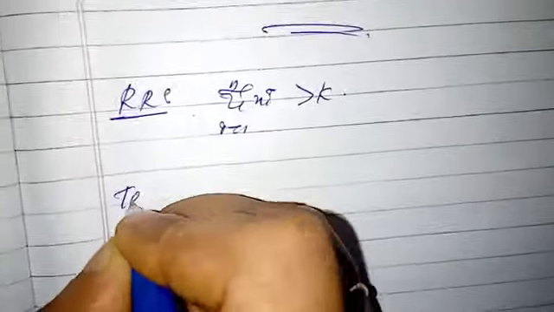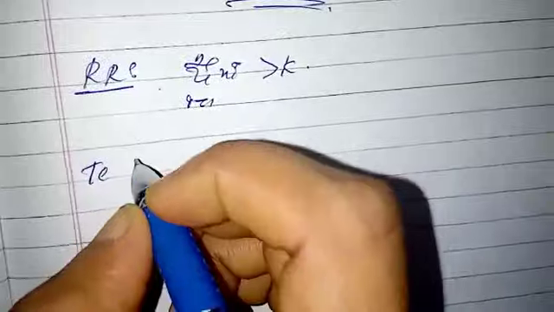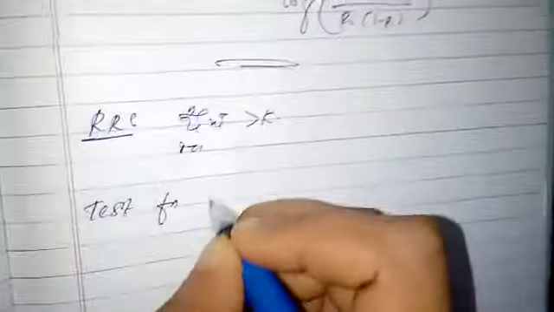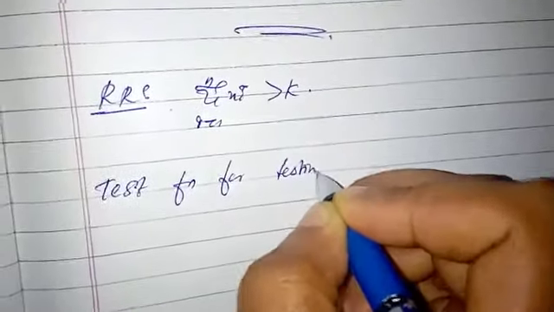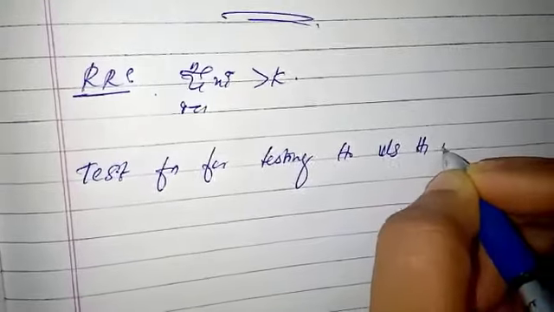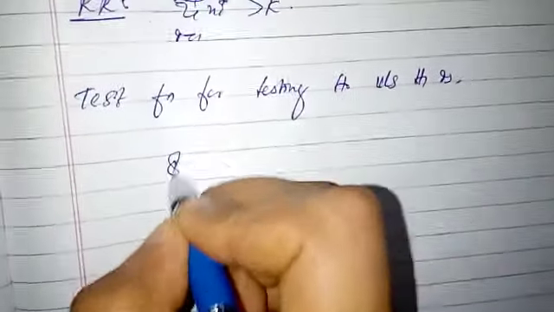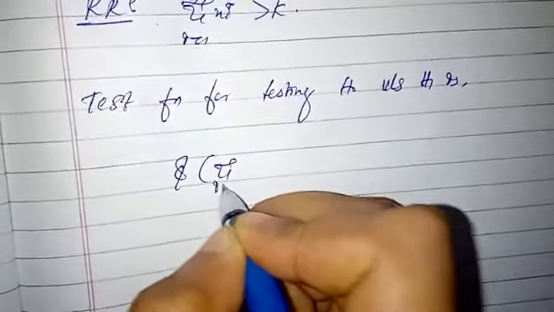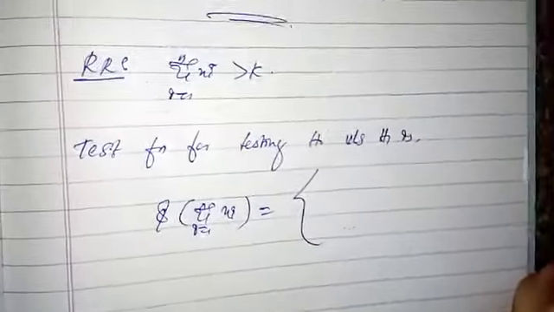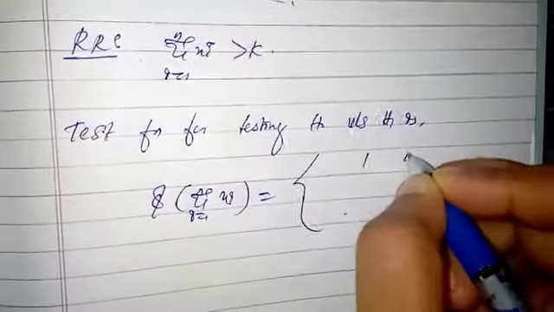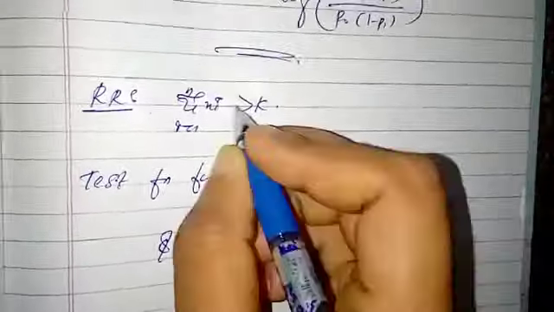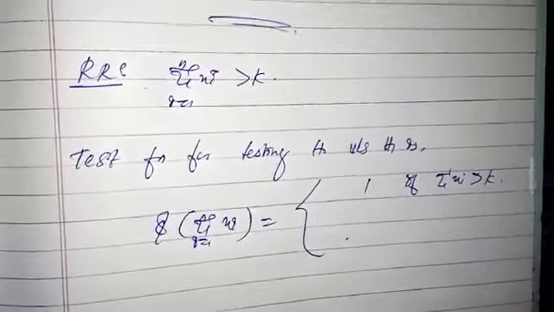That is, the test function for testing h0 versus h1 is phi of summation i equals 1 to n xi equal to 1 if summation xi is greater than k, right?